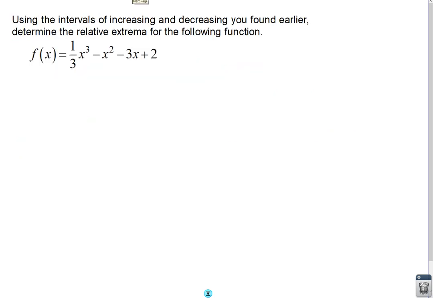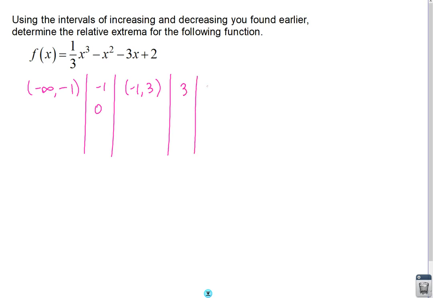Okay, so using the intervals of increasing and decreasing that we found earlier, determine the relative extrema for the following function. So the intervals that we had earlier were from negative infinity to -1, and then at -1 I knew my derivative was equal to 0, and then from -1 to 3, 3, and then 3 to infinity. Oh, my derivative was 0 here.